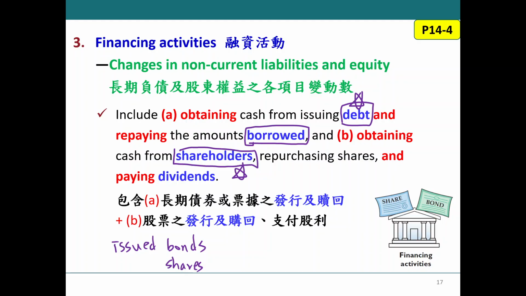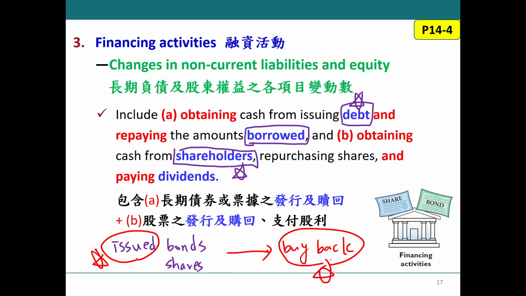So, don't forget, not only issued, just to remind you that, not only issued, in the end, when you buy back, the whole process, they are financing, okay? So that's why here I told you obtaining and repayment. Okay.